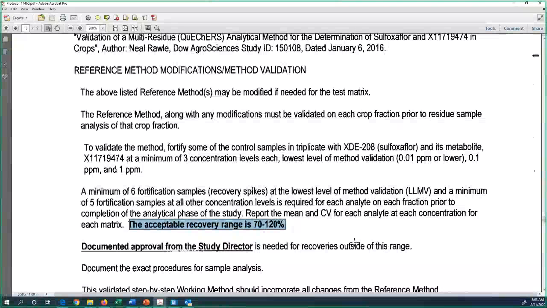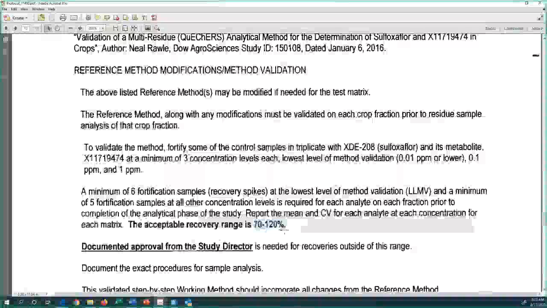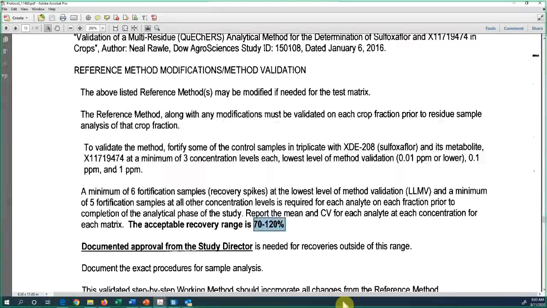If it is in this range, say between 100 and 120, in general, you do not need to justify or give any reason. There is a scientific reason: you have sample matrix, you have instrument fluctuation, and you have human error.